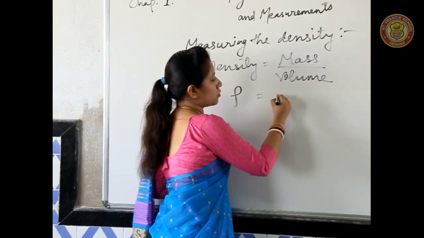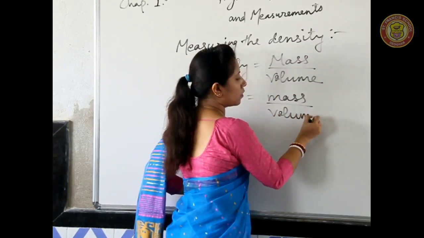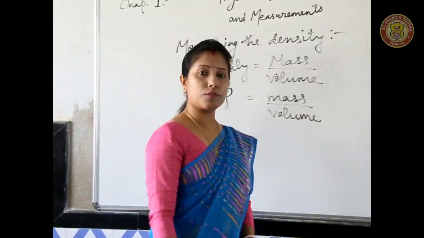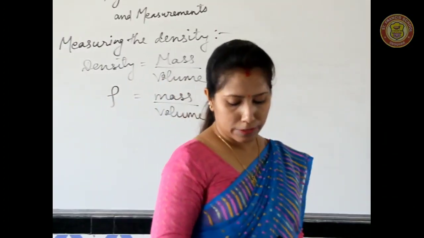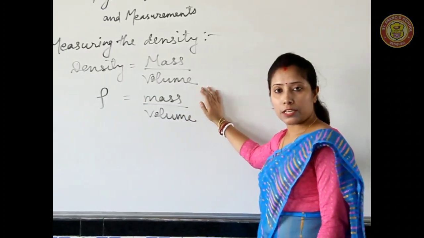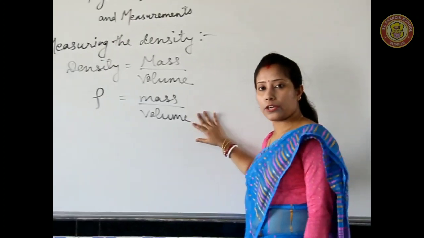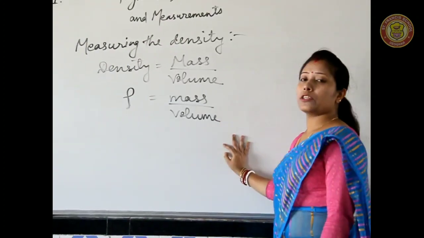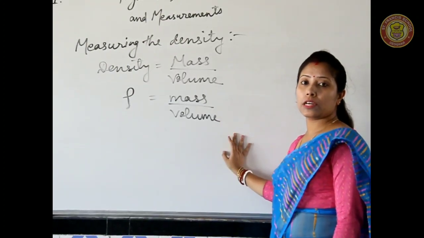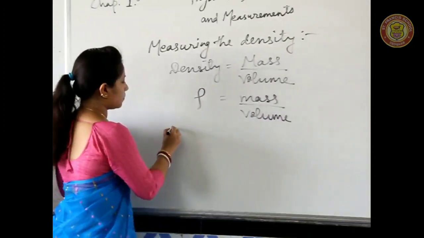So, density equals mass by volume. So, what will be the SI unit of density? What is the SI unit of mass? Kilogram, and SI unit of volume is meter cube. So, SI unit of density will be kilogram per meter cube.